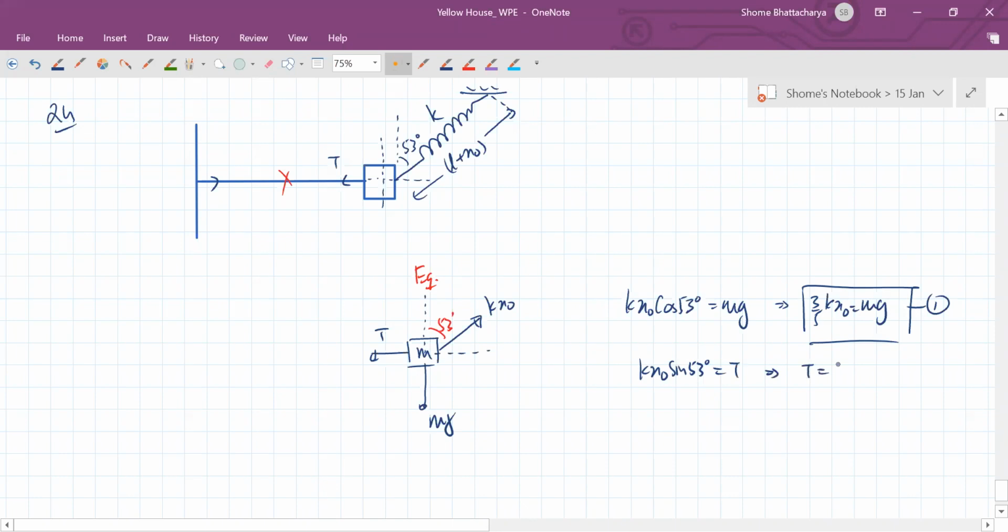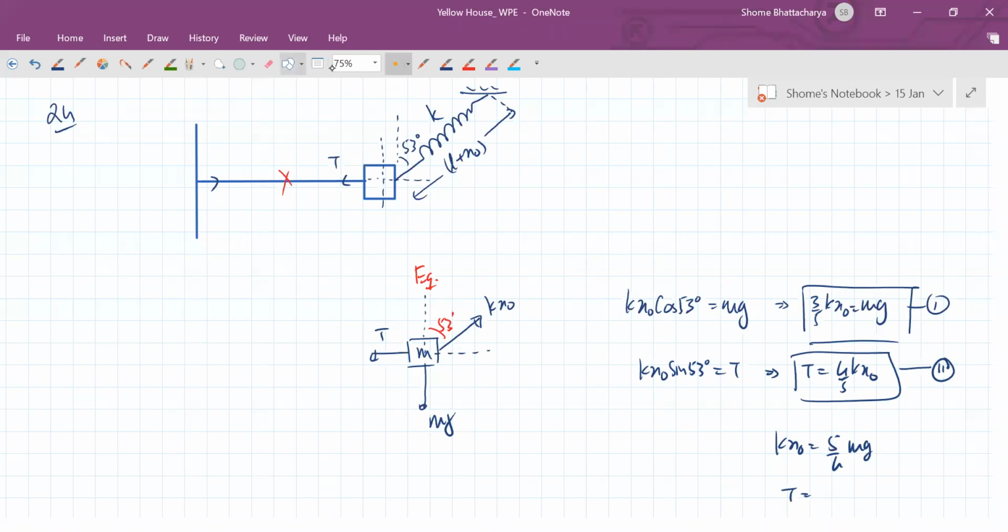So tension is equal to 4 by 5 kx naught. That's our second equation. So when you substitute this, you will get kx naught is 5 by 3 mg, and the tension is 4/5 of that.